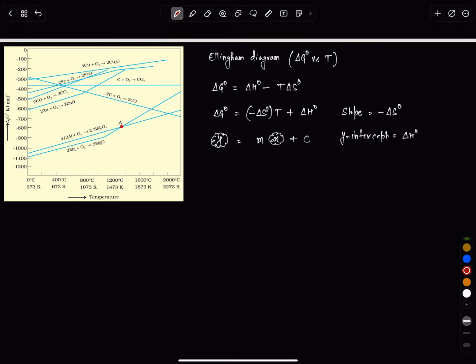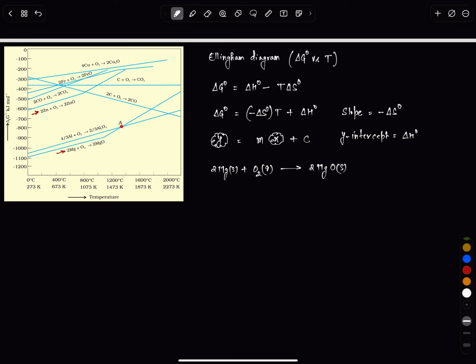Let's take one example. In fact, let's take two examples to understand this. Let's take these two examples, right? So first I am taking this particular reaction where 2 magnesium solid plus O2 gas converting into 2 MgO solid, right?